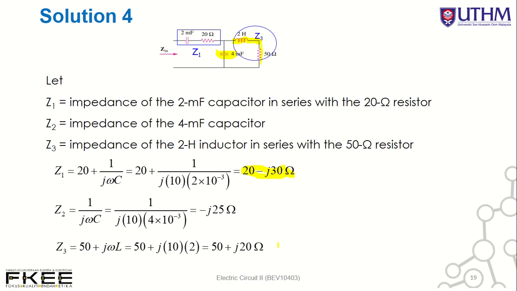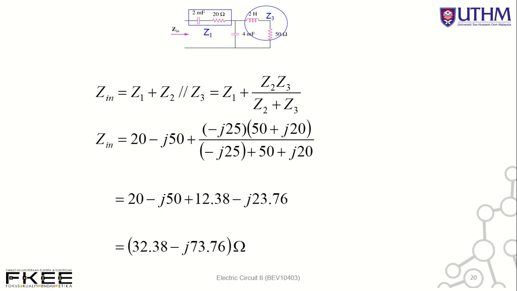So what happened to your equivalent circuit? You have Z1, you have Z2, and then you have Z3. Can you imagine Z2 and Z3 are in parallel, and then in series with Z1?